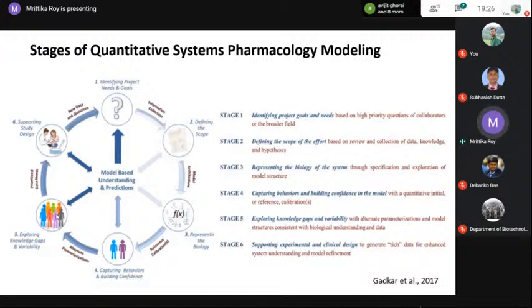Then again, we go to the model and try to understand what perturbations are happening in the biological pathway, and whether there are some cells which are the culprit, not giving the client their desired objective. These are the kind of questions that can be addressed by QSP modeling.